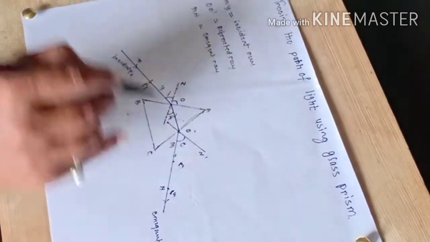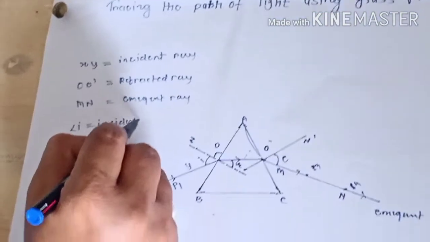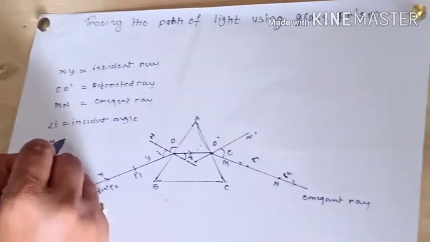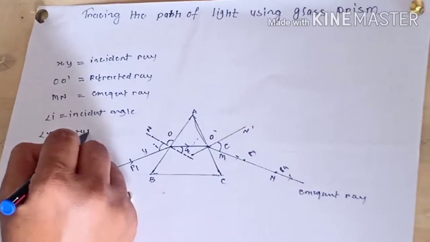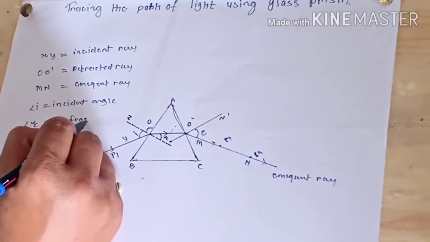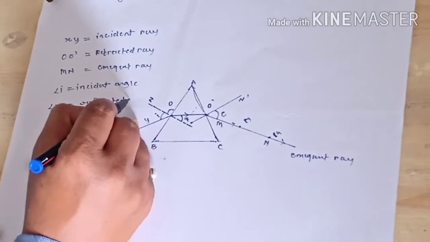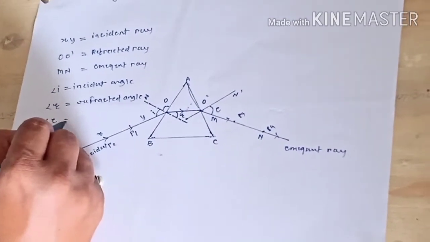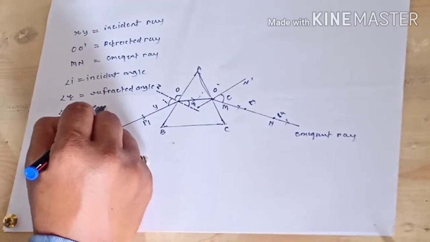So these are the three angles: angle I, the incident angle, angle R, the refracted angle, and angle E is called the emergent angle.